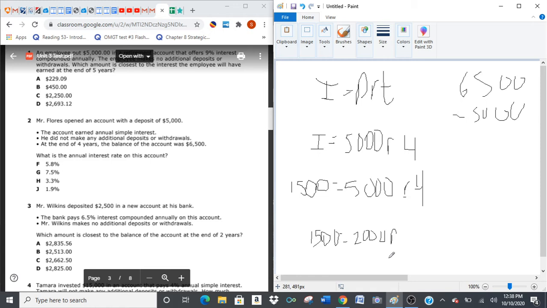Now 20,000 R, what is the 20,000? Hopefully you're all saying coefficient. A coefficient would tell us to divide.